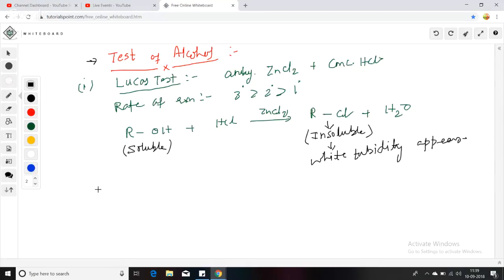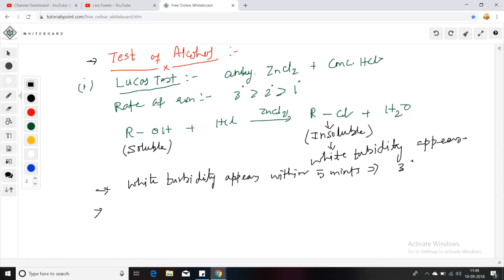So if white turbidity appears within 5 minutes, then the alcohol is 3 degree.